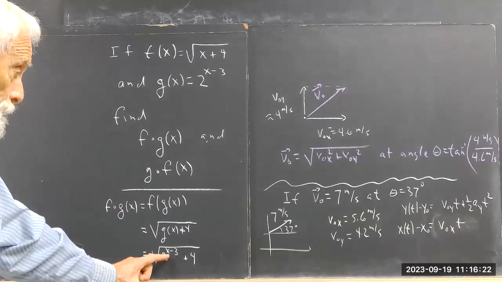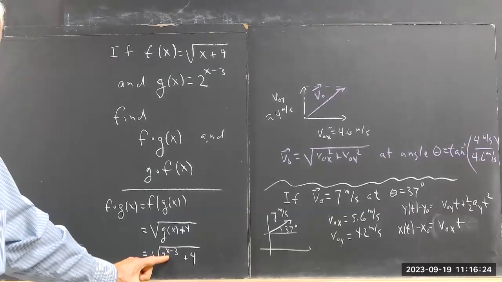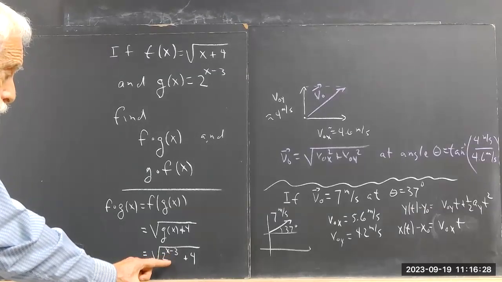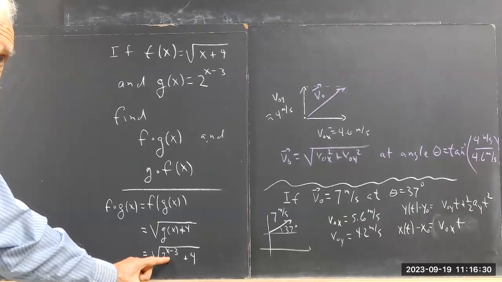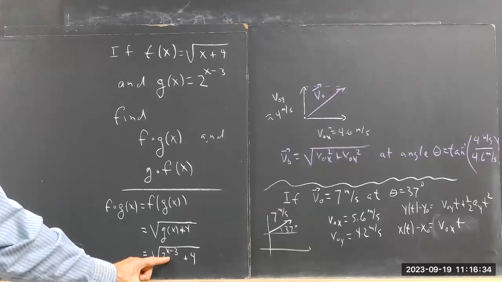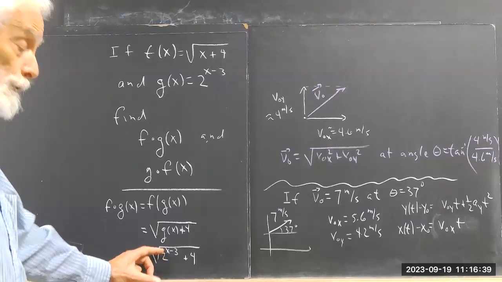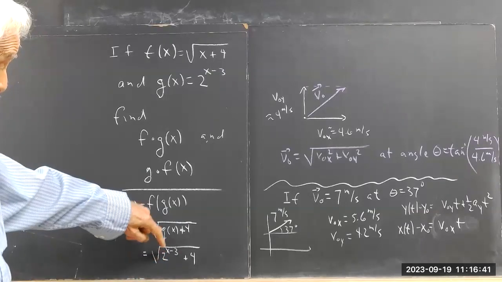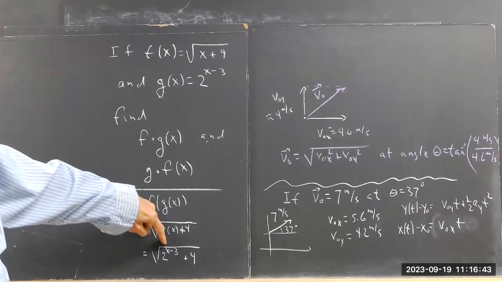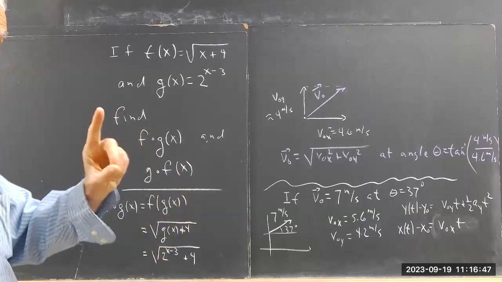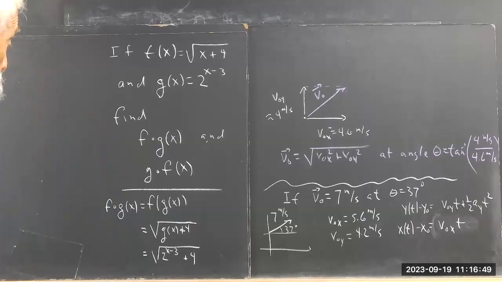If people are crossing out the x minus 3, I'm not sure what you're thinking, but the x minus 3 is in the exponent. It's not multiplied or divided by anything, it's not added or subtracted to anything. It's stuck there in the exponent. It applies to 2, okay? So that's it. It's a very simple one-step process.